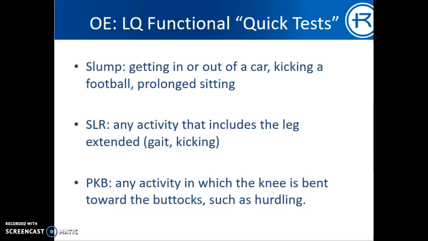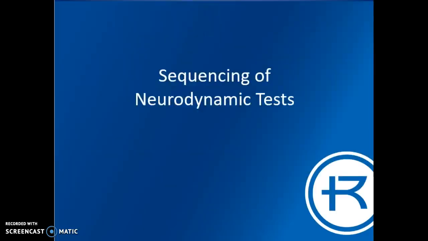And as I mentioned before, any kind of activity that would require bending their knee, have them replicate whatever it is that is limiting them and pointing towards neural sensitivity. Try to replicate that in your functional quick test if their irritability is minimal.